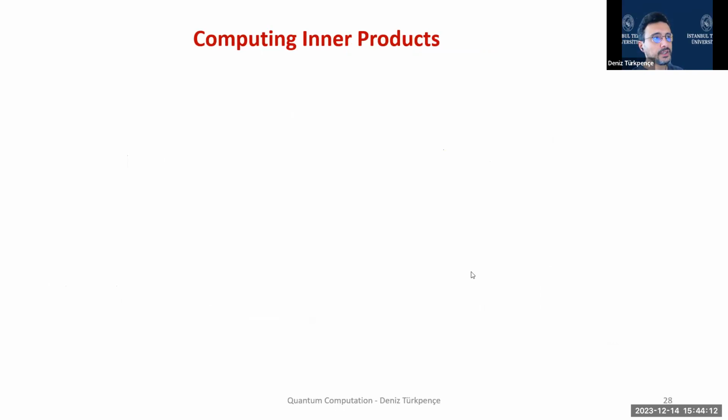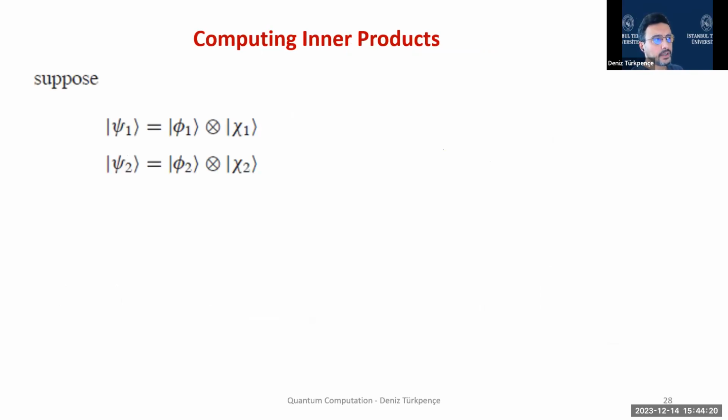Okay, now here, for tensor product, how to compute inner products? If I have two states with multiple qubits in a subspace, just like this, let's inner product psi1 and psi2. What is the rule to inner product then?